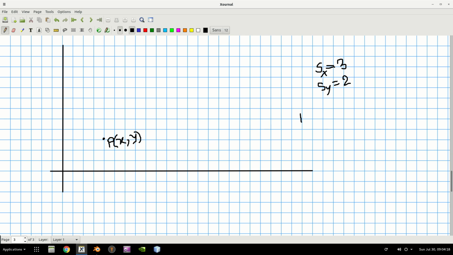So I want to find out what's going to be the P prime given this Sx and Sy. Any idea? Let me write it down. This is at (4, 3), and the scale is (3, 2).